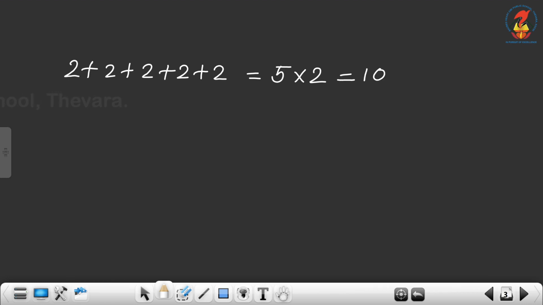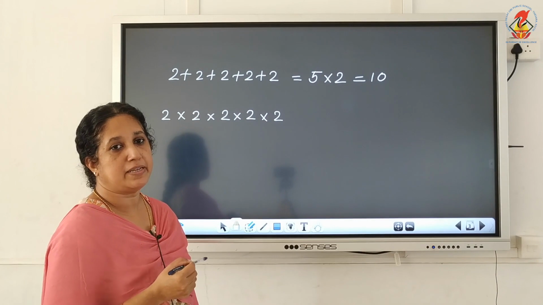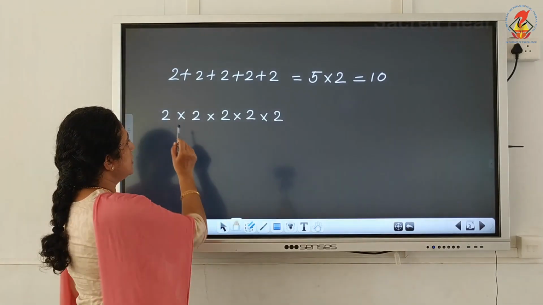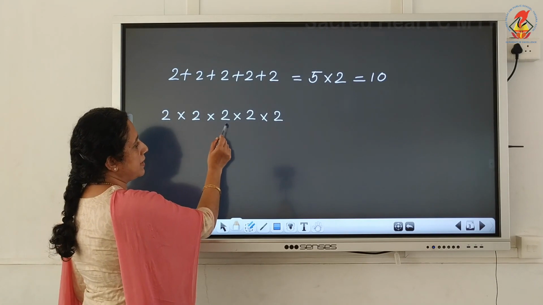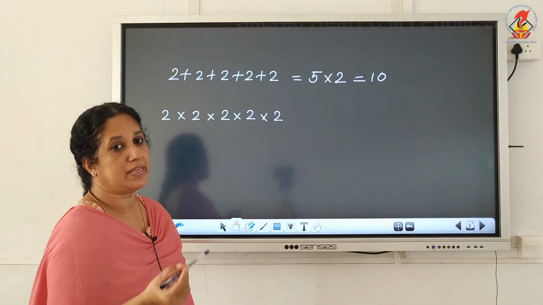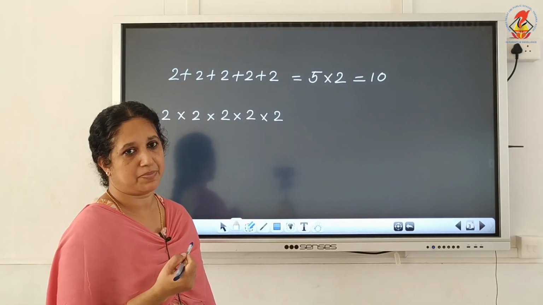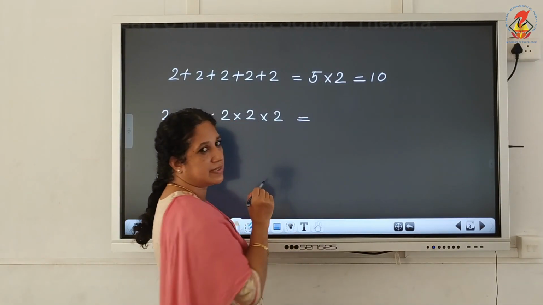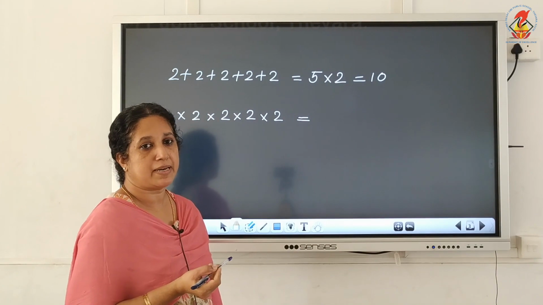Now suppose a number is multiplied by itself several times, for example 2 into 2 into 2 into 2 into 2. Here 2 is multiplied by itself 5 times. So this we can write in a shorter form. Which number is multiplied by itself? 2.